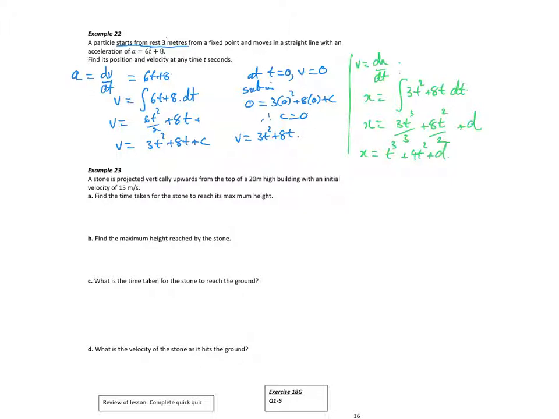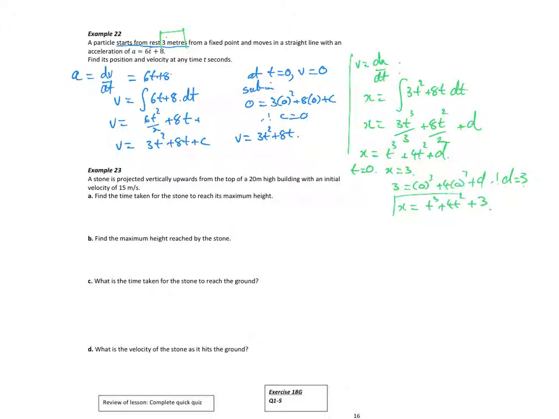So what initial conditions have I got here? 3 meters at t equal to 0. So at t equal to 0, my position x is equal to 3. Substitute that in. 3 is equal to 0 cubed plus 4 times 0 squared plus d. So d is equal to 3, and my position x is equal to t cubed plus 4t squared plus 3.